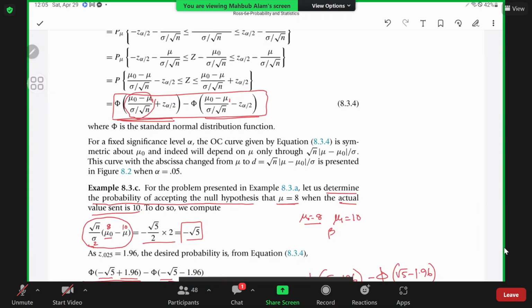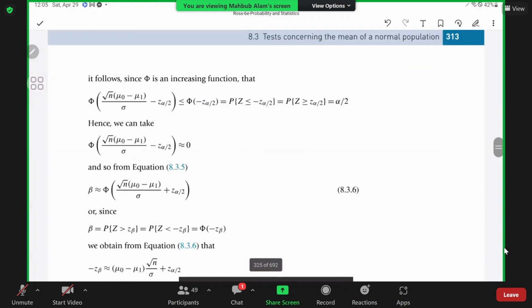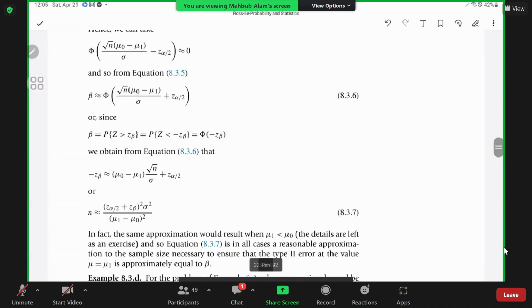That means we want to reduce the value of beta. And the only way to reduce the value of beta is by controlling the only parameter, that is n. And an equation exists, which is this one.